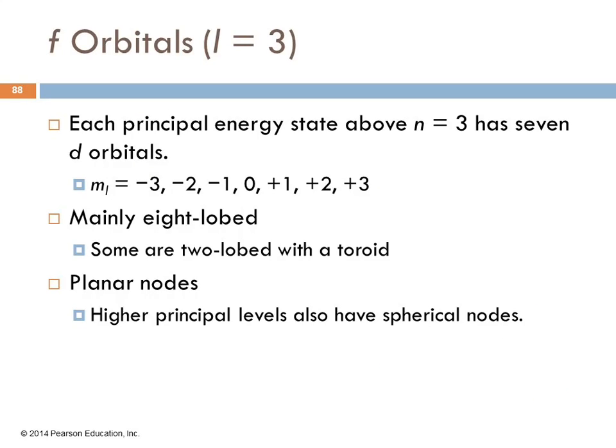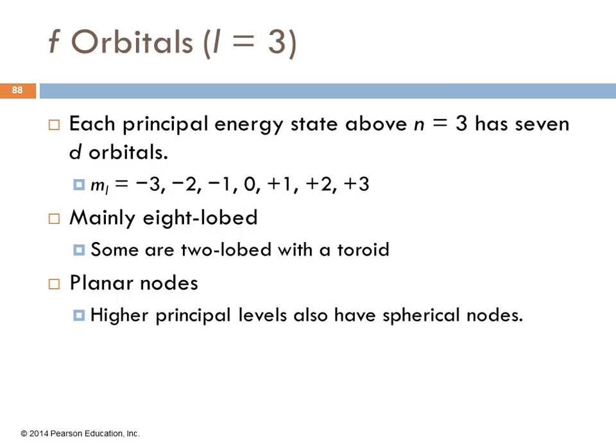F orbitals, things just get bigger and more complicated. So now we've got 7 of them, and these are 8-lobed. Isn't it interesting how these patterns go? The s orbital is just one thing, and then we've got 2 lobes and 4 lobes, and now we've got 8 lobes. Every atom has these orbitals.